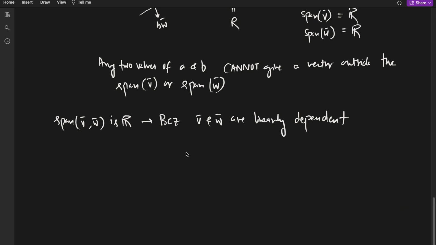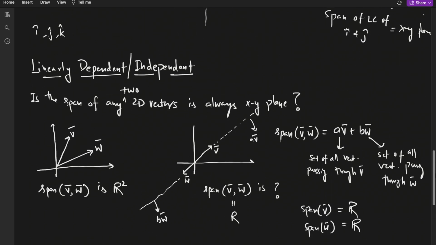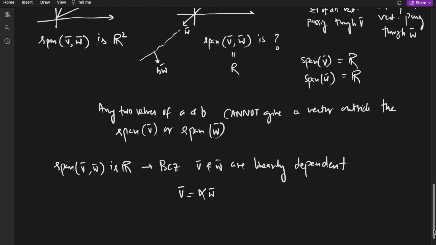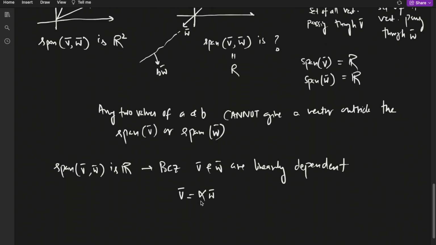It is very simple: V is nothing but some alpha times W, some scaled value of W, and that makes sense, right? You may be saying, okay, V is pointing in this direction, W is pointing in that direction, then how is it possible? That's very simple. In this case alpha is nothing but a negative value, right?